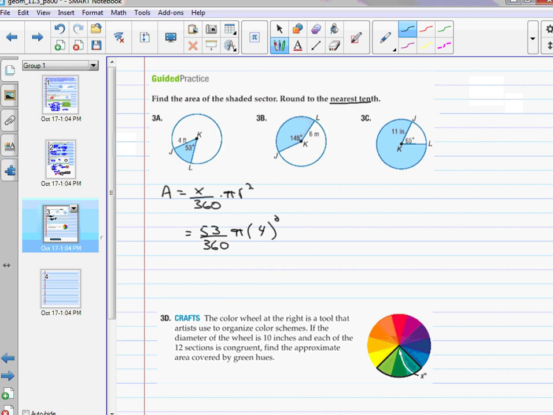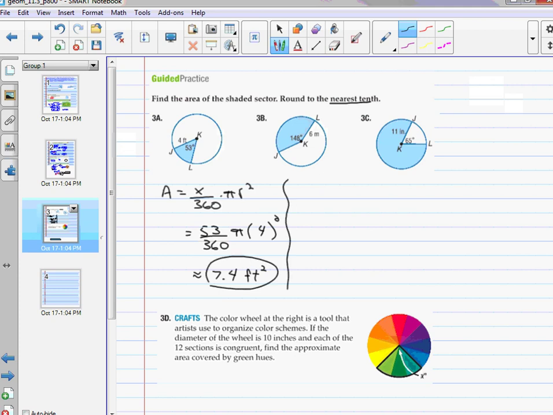They want it to the nearest 10th. 7.4 feet squared. This is an area of a sector.